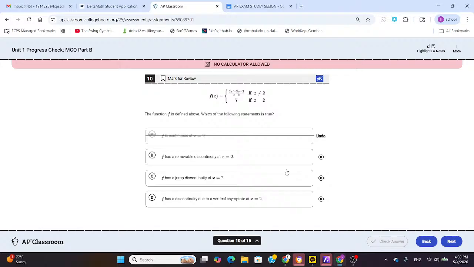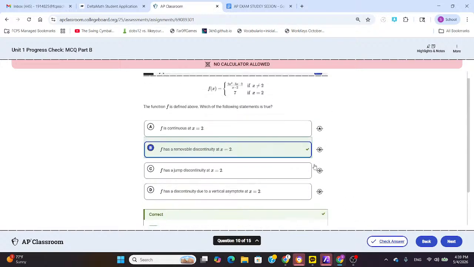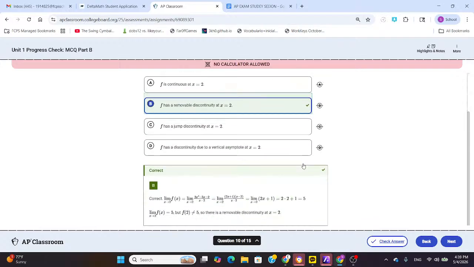Honestly, I completely forgot how to figure out the discontinuities when you're given a piecewise function like this. I'm going to go with the best guess of B. Yeah, I knew it was B, but let me see why.